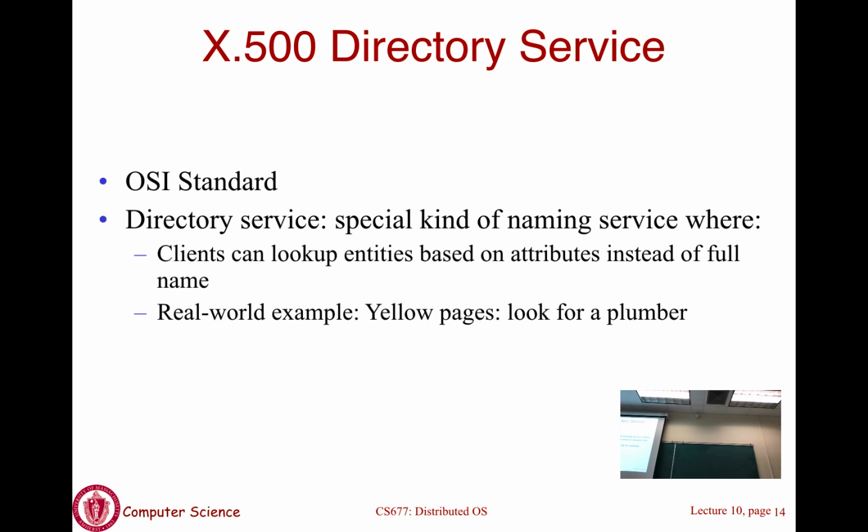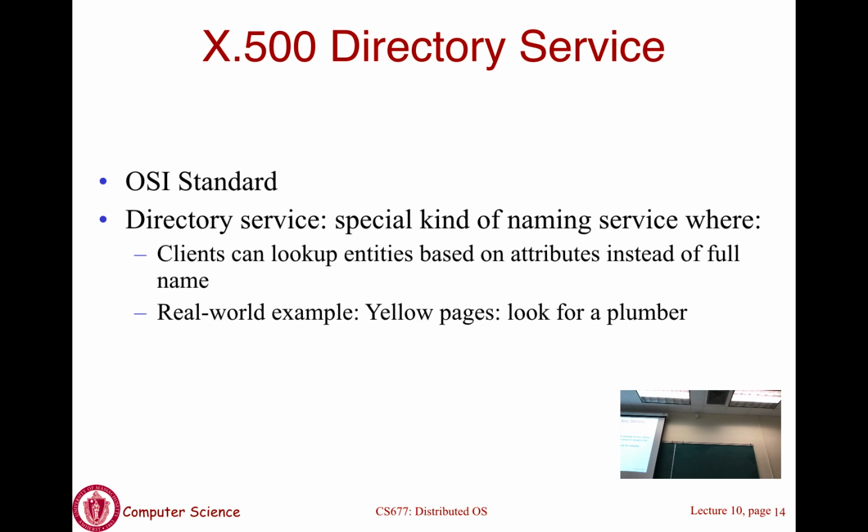So, for example, you could actually take the yellow pages of a phone directory and put it on x.500. Okay. Now, you can say give me all entries that match type plumber, and then it will give you all the entries that match. And you can also do a normal phone lookup saying what is the phone number for a user and specify their name. That is a key, you will get a value.